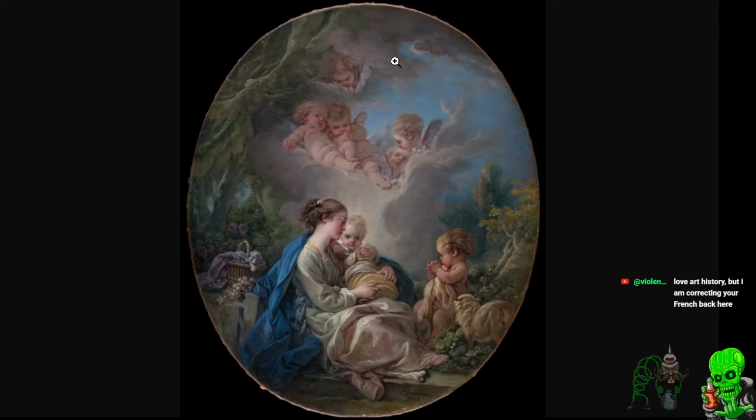So this is a painting by François Boucher, Virgin and Child with the young Saint John the Baptist and angels from 1765. Very emblematic of Rococo style. Chardin and Boucher had very contrasting styles. Chardin was recognized for quiet observation and restraint.